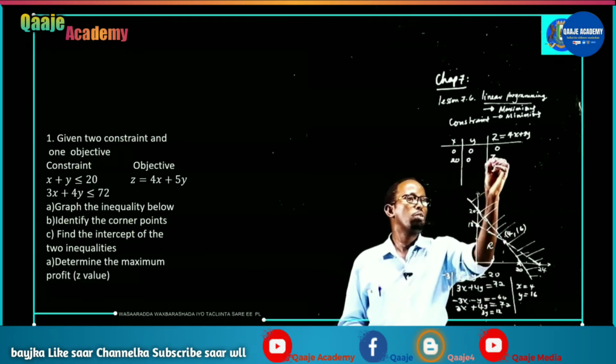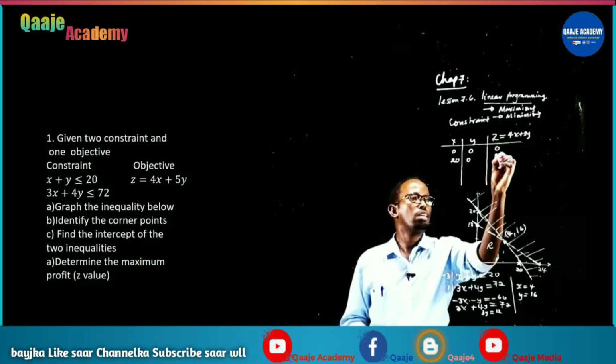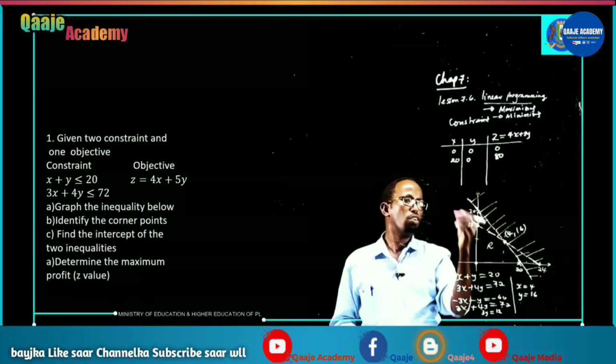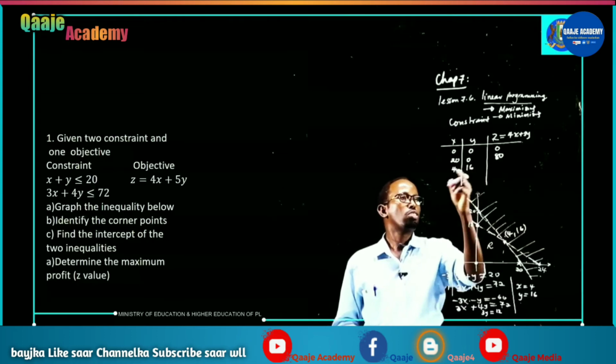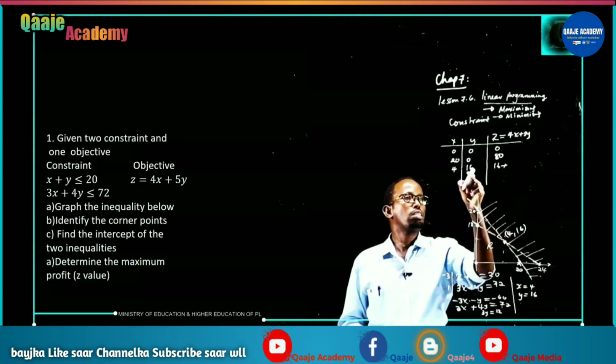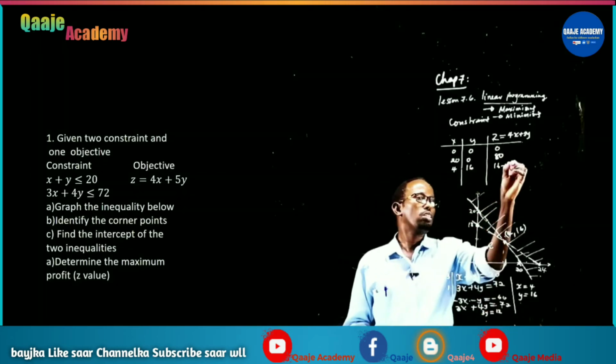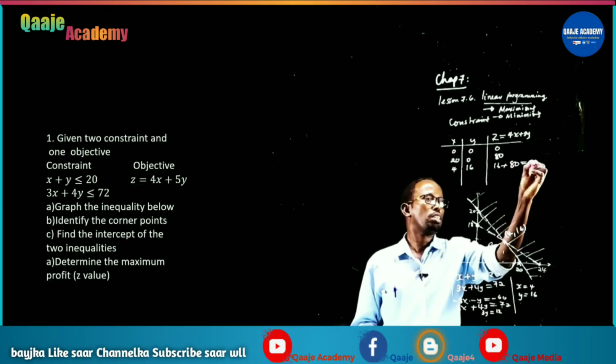So z will be equal to 20 times 4 is 80 plus 0 is 80. The next one is 4, 16. So 4 times 4, you get 16. 16 plus 16 times 5, you get 80. So 80 plus 16, you get 96.